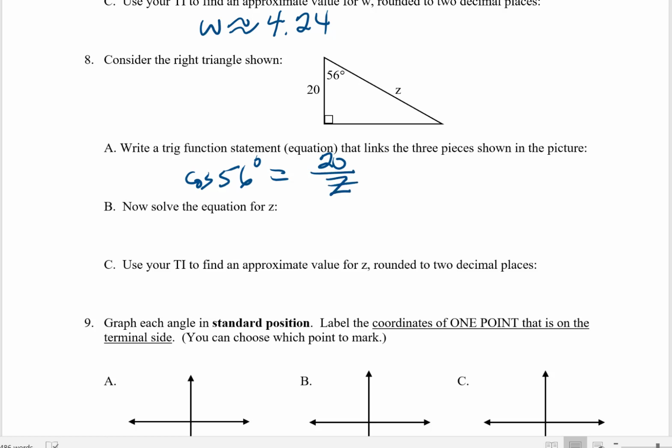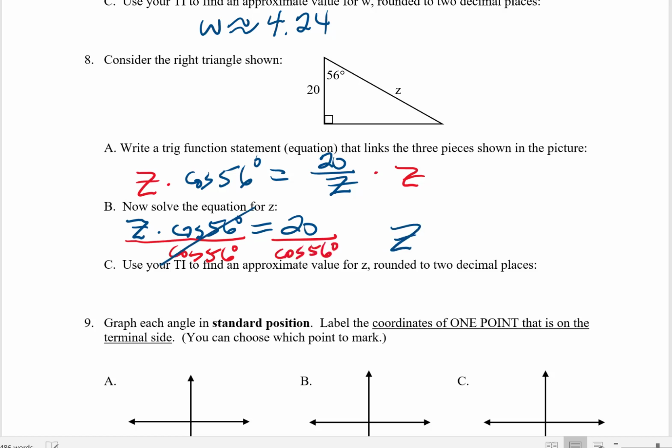I want to solve this equation for z. That's going to take me a couple of steps. I can clear the fractions like I did the last time. That'll give me z times cosine 56 equals 20. Then to get z by itself, I would have to divide both sides by that cosine 56 degrees.